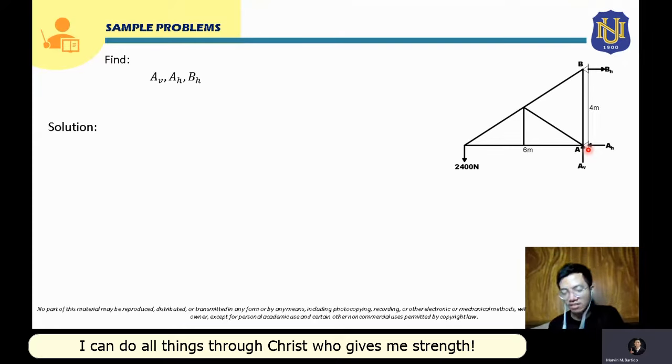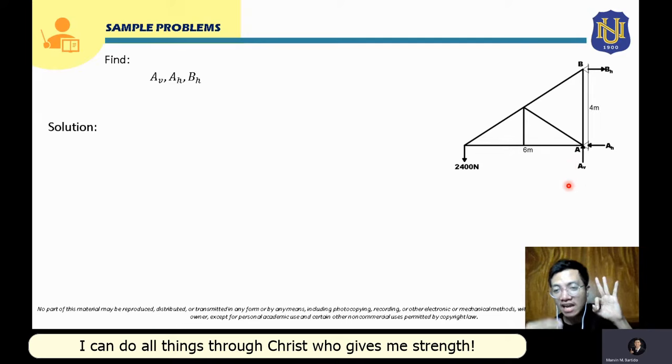But to say that they are a couple, they have to satisfy the conditions that they should be parallel. So that is checked. They are parallel, right? And also they are non-collinear. So they are checked for that condition. And they are also opposite in direction, right? So they are also checked for that condition.